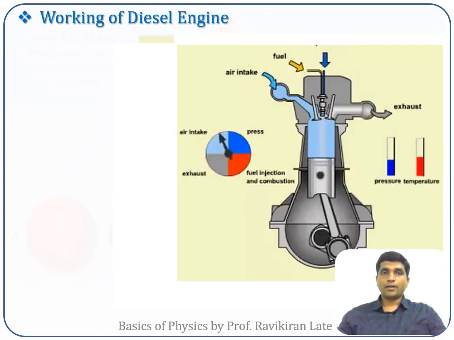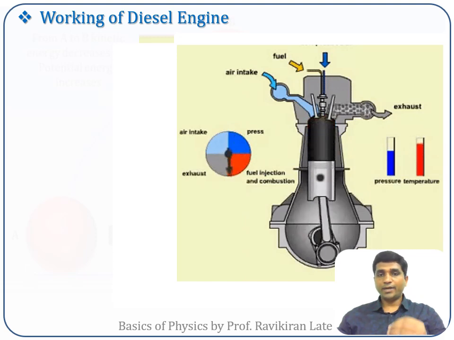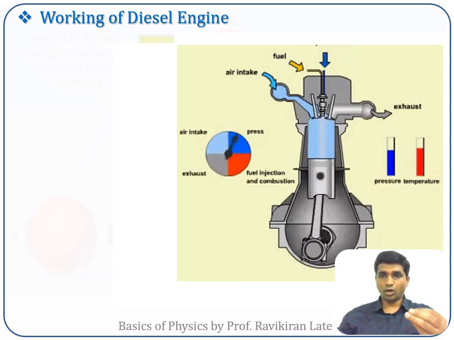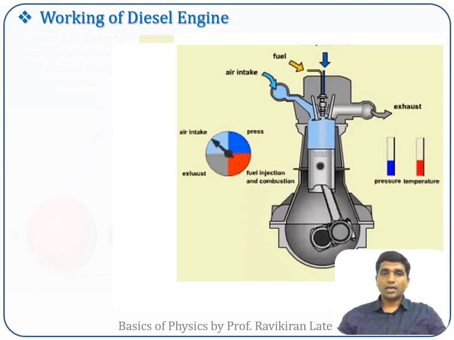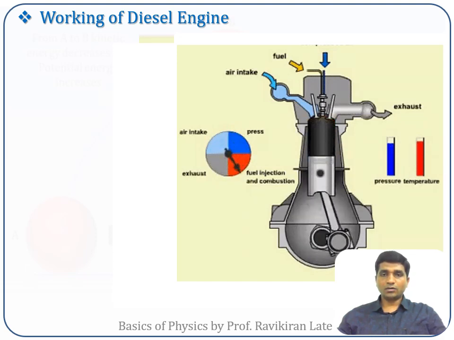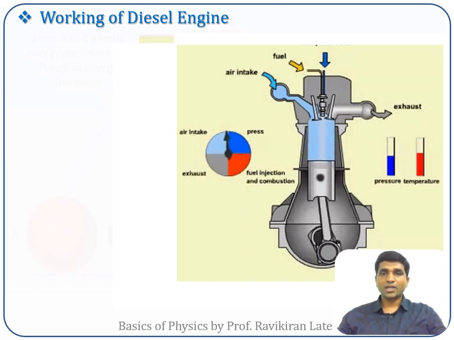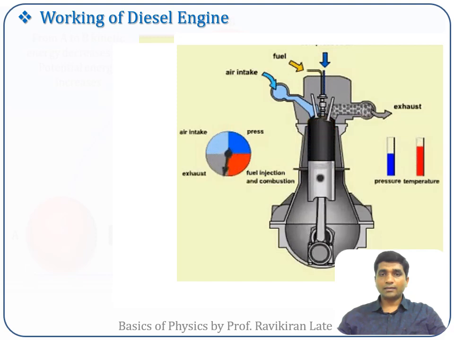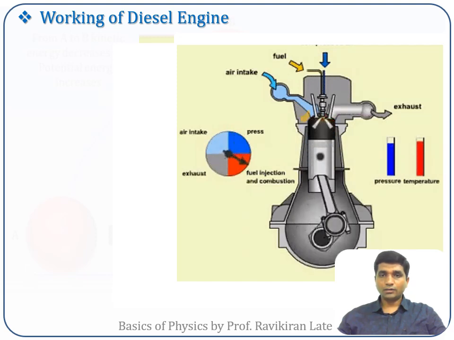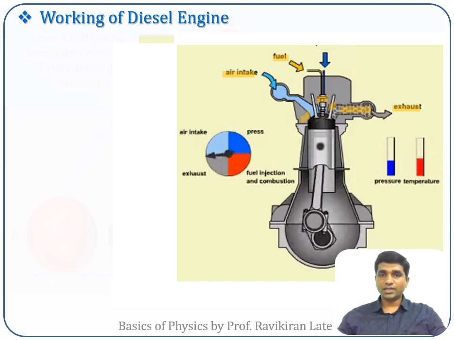In order to have a better understanding of how this diesel engine works, a schematic animation is shown here, which consists of valve I1, valve I2 and valve I3, which is for the exhaust purpose. Through valve I1 air is taken inside, and through valve I2 fuel, in this case oil for a diesel engine, is taken inside.